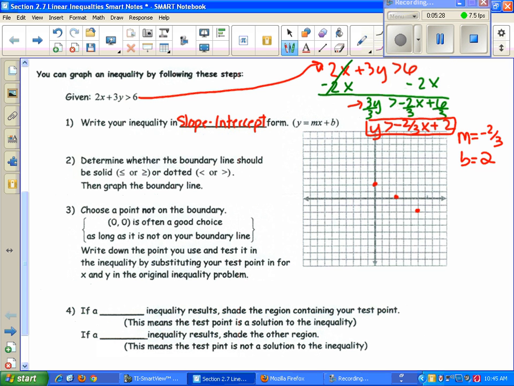Then it says determine whether the boundary line should be solid or dotted, and then graph the boundary line. If we look at our equation, notice it's not equal to, so we know that it is going to be dotted. I'm going to take my ruler and make my line dotted, or you can draw your line and then erase parts of it so that it becomes dotted.